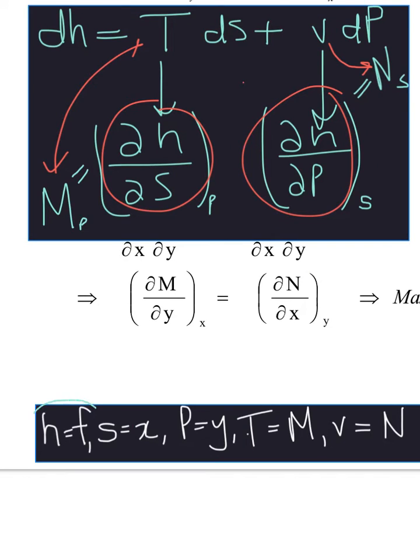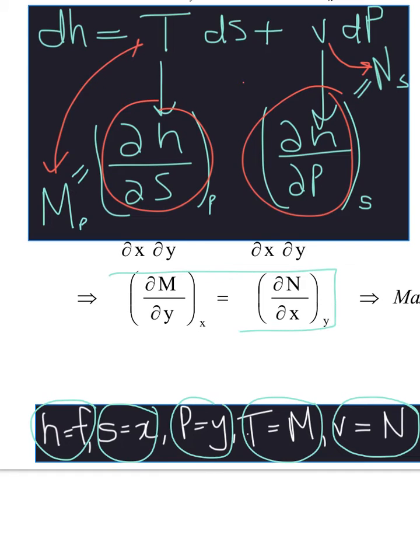So now that we know where each of our thermodynamic variables fits into the mathematical scheme of things, which is a slope, which is a variable, we can apply the second derivative to our slopes to derive a Maxwell slope relationship.